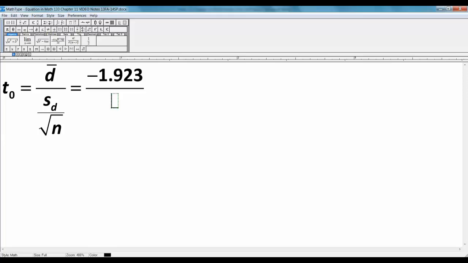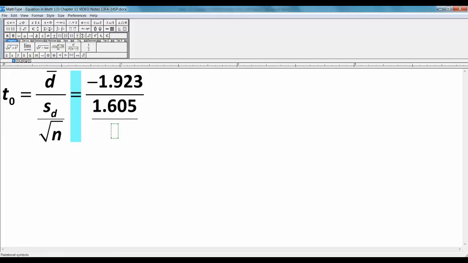And we already figured out this value is 1.605. More or less. I mean, technically I should do squiggly equals here because these aren't quite exact. We're rounding, of course, because these are continuous values. All right, over the square root of 13.